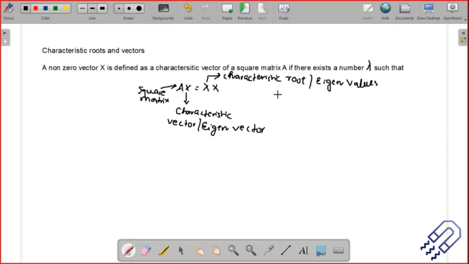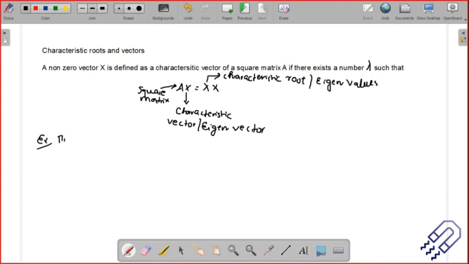We will do one sum, and then we can look into some theorems associated with it. So let's take one example.